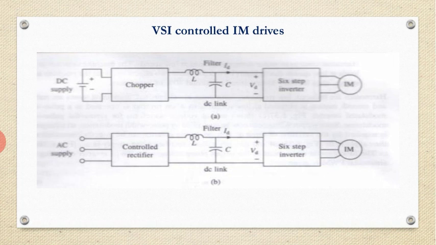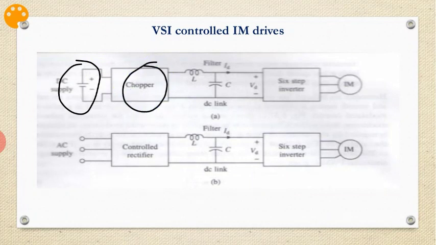Now the different scheme of the voltage source inverter controlled induction motor drive. Here the input is DC voltage, and we want variable DC, so a chopper is introduced. The function of the chopper is to convert fixed DC to variable DC. The variable DC is given to the 6-step inverter through a filtering device.